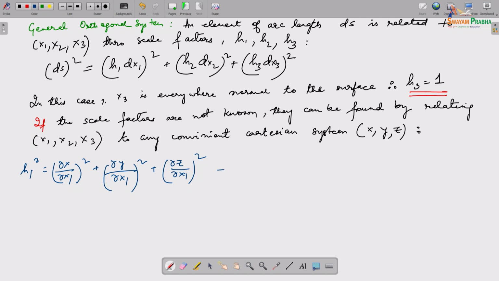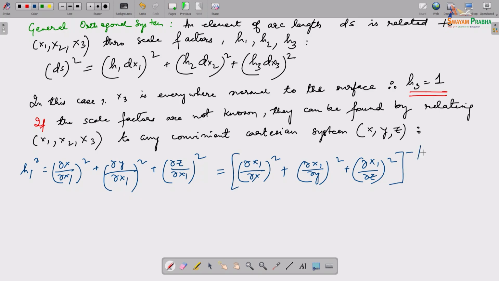Again I can write this also as del x1 del x squared plus del x1 del y squared plus del x1 del z squared. And let me also write down H2 in the same way.